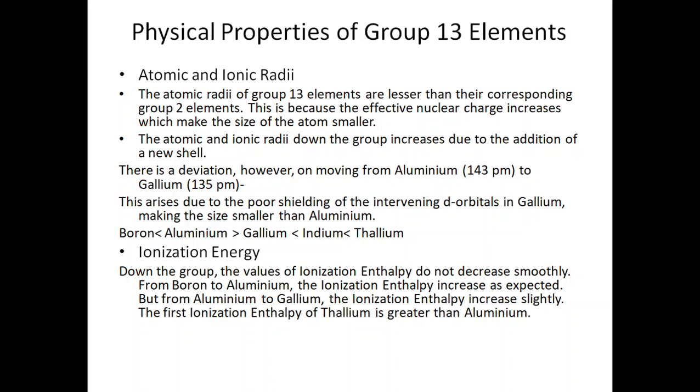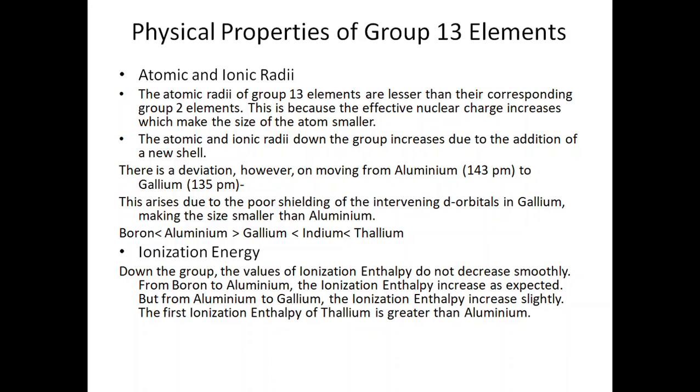There is a deviation, however, on moving from aluminium to gallium, that is 143 pm to 135 pm. Although it should increase because the size increases, here from aluminium to gallium it is decreasing. This difference arises due to the poor shielding of the intervening d orbitals in gallium, making the size smaller than aluminium.